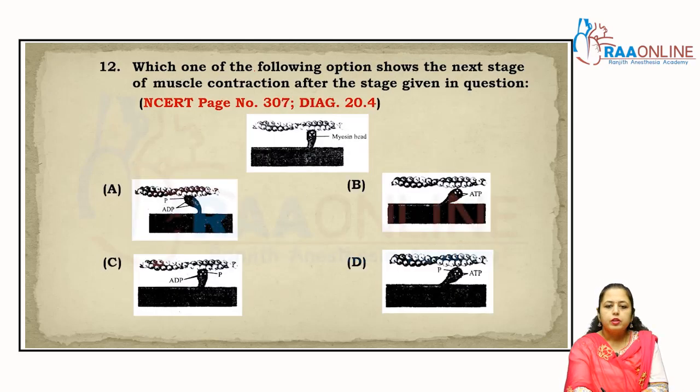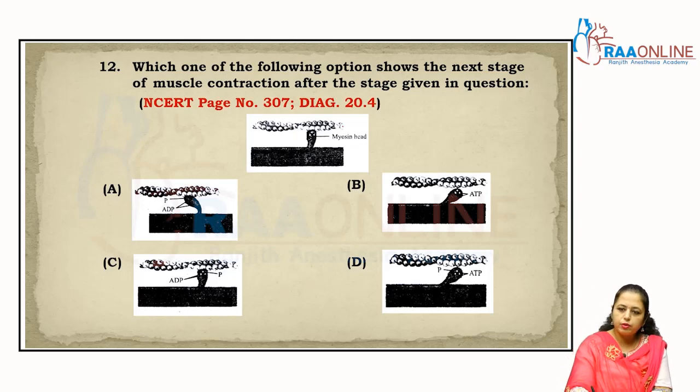Clear? See, which one of the following options shows the next stage of muscle contraction after the stage given in that question? That means after that question, when the myosin head attaches, what will happen?